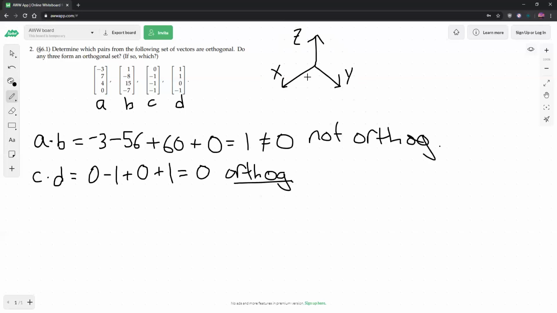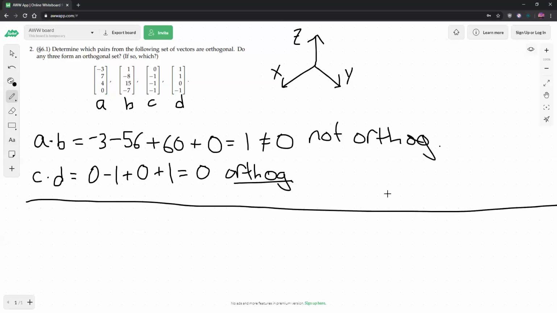But if you can find 3 orthogonal lines, that gives you a basis for R3. Likewise, if all 4 of these were orthogonal to each other, that would be a basis for R4. So anyway, go through that, do all these dot products out. It's mostly just multiplying and adding, and see if you can find any that meet that criteria.